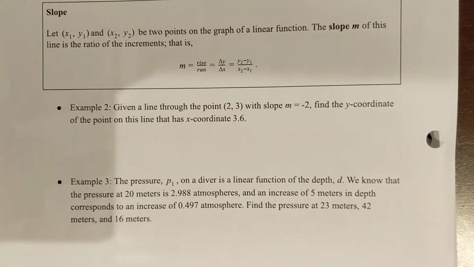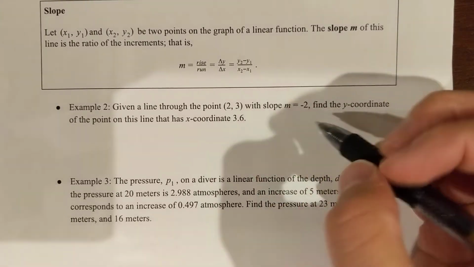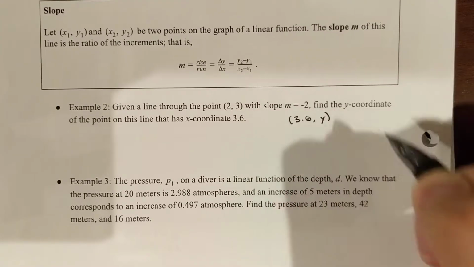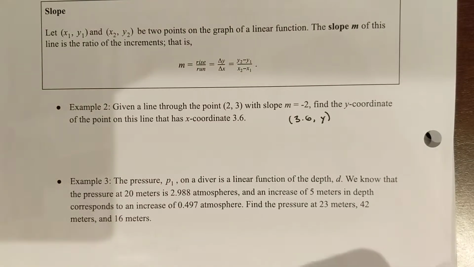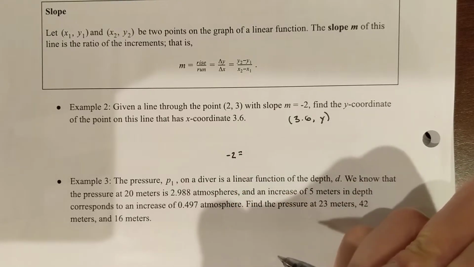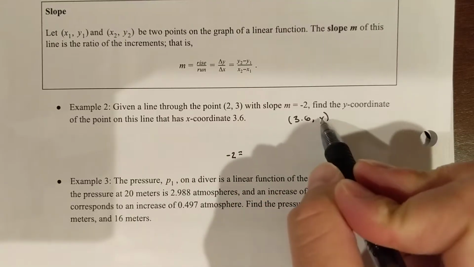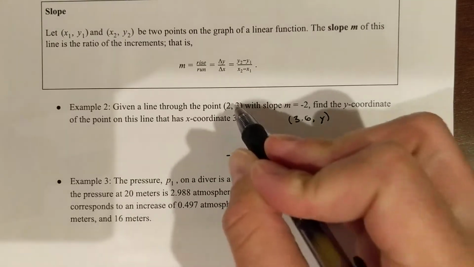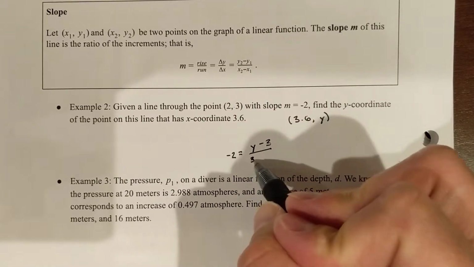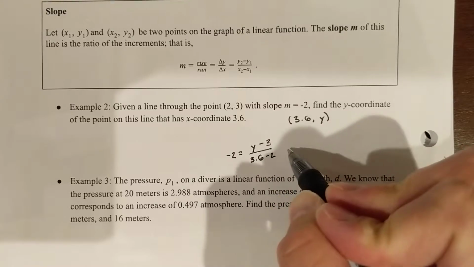So for example 2, given a line through the point 2 comma 3 with a slope of negative 2, find the y-coordinate of the point on this line that has an x-coordinate of 3.6. They give us one point, and the second point is going to be 3.6 comma unknown y value. So slope is m, in this case negative 2, which is equal to y2, so there's our y value, minus y1, 3, over x2, 3.6 minus x1, 2.